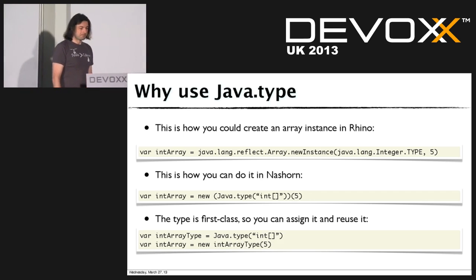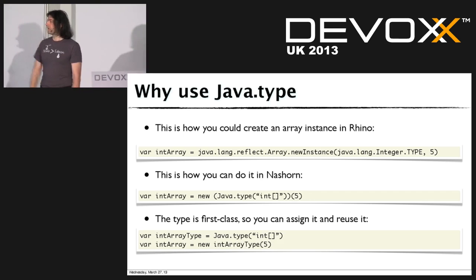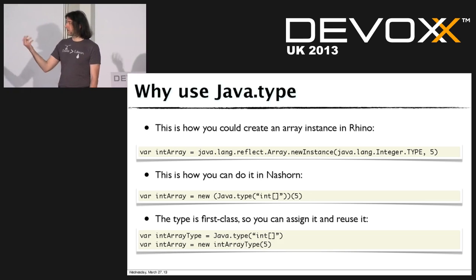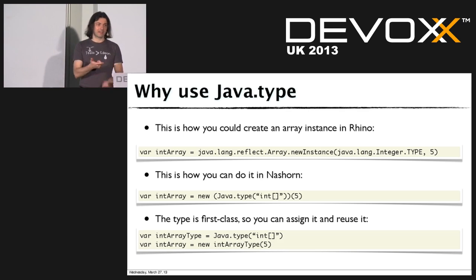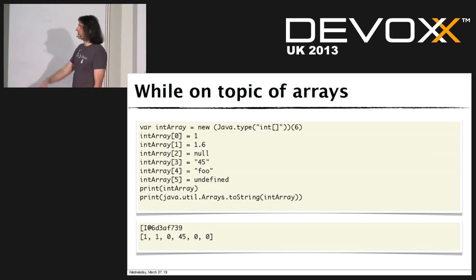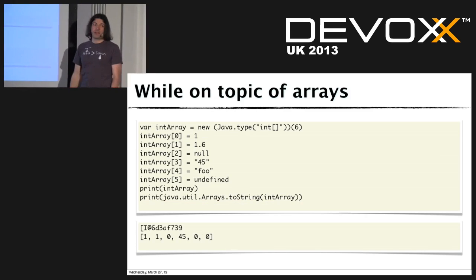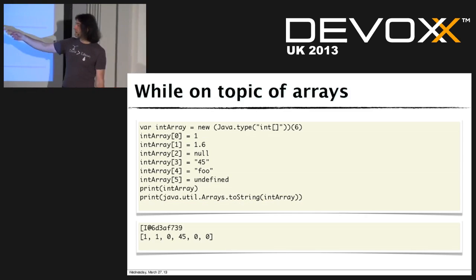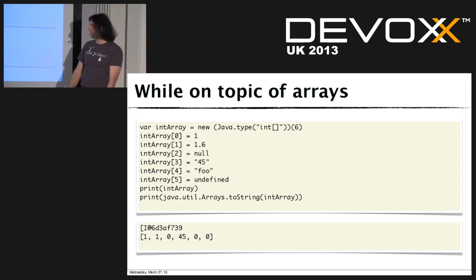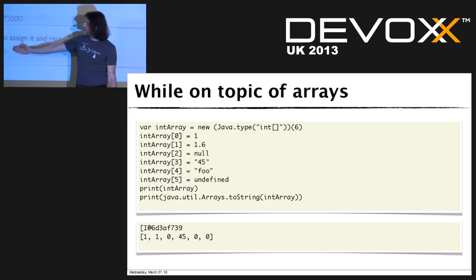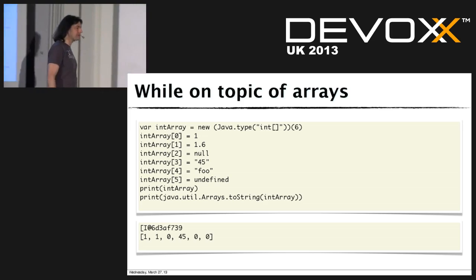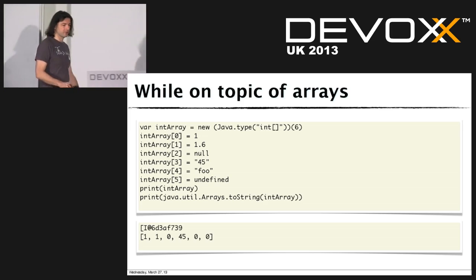So in Nashorn, Java type, since it receives string arguments, does understand primitives, and it does understand array notation, so you can write this in a much more compact way. And since the Java type returns you the type object for something, you can just extract it into a variable and then use that afterwards. It's much nicer, it's much shorter.